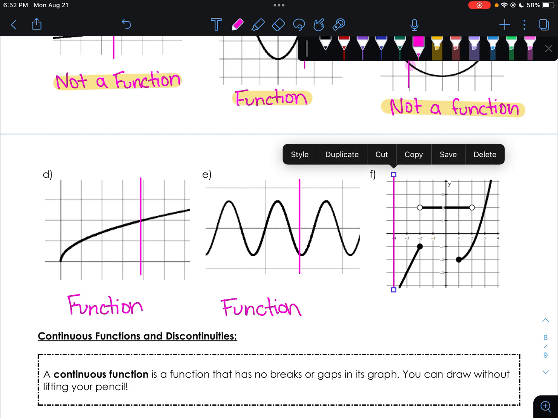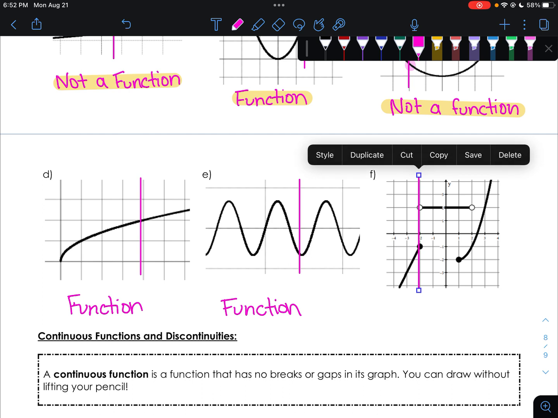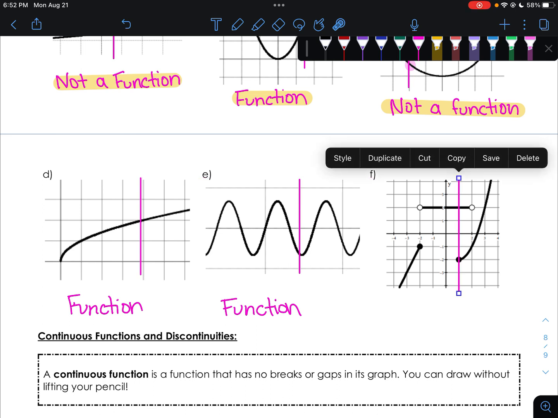As I drag my vertical line on F, moving on, I would assume that maybe here we might have some issues. But because this is open and this is closed, it's not hitting two spots on our graph. So that part is okay and it's allowed. But if I keep moving and moving, right here is where there's an issue.